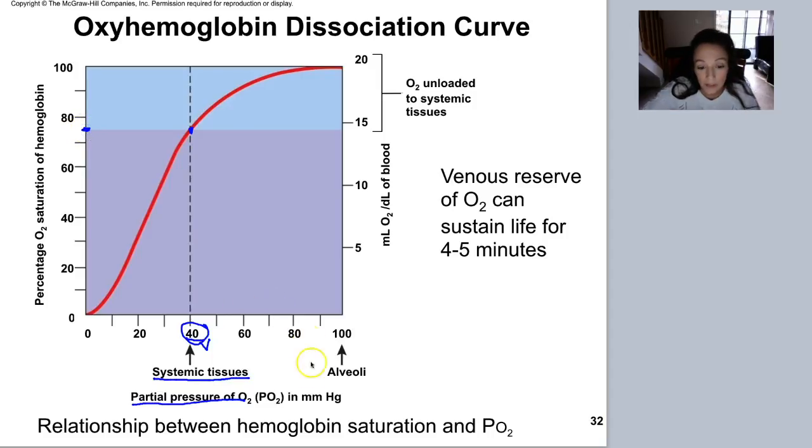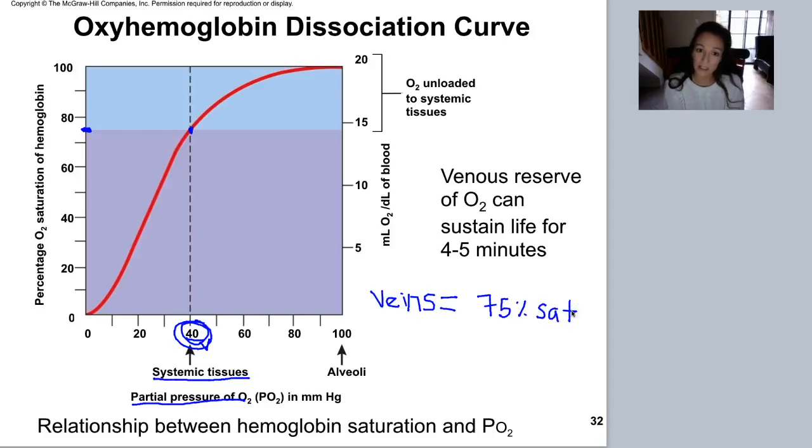Okay, so this means when the partial pressure of oxygen is just 40 in our blood, when it's very low, that's pretty low for our blood, we still have 75% saturation of hemoglobin with oxygen. This means that in our veins, the blood in our veins has 75% saturation of hemoglobin with oxygen.